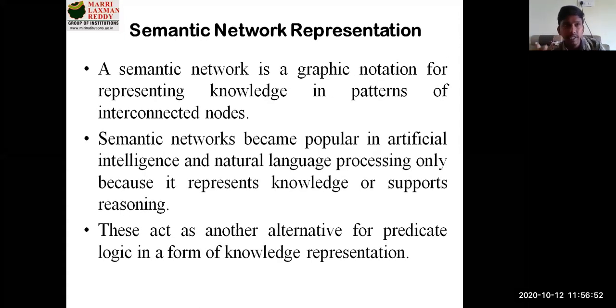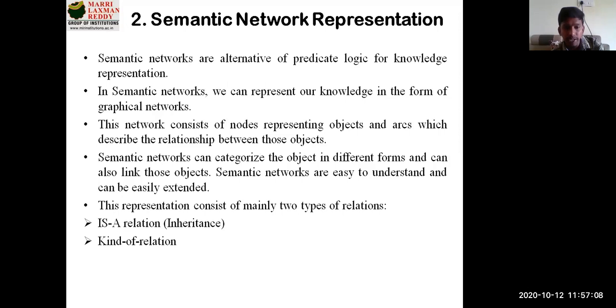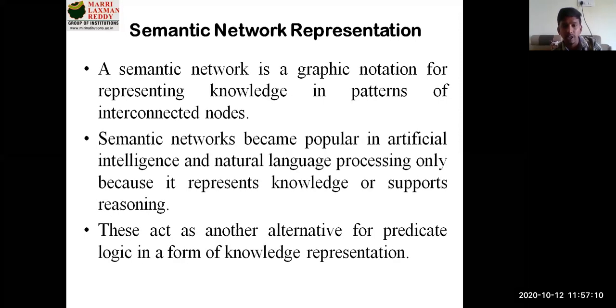Summarizing semantic network representation: a semantic network is a graphic notation for representing knowledge in patterns of interconnected nodes. There are different types of nodes with various relationships between them. We need to connect them using the is-a relation or kind-of relation, and accordingly picturize our network.